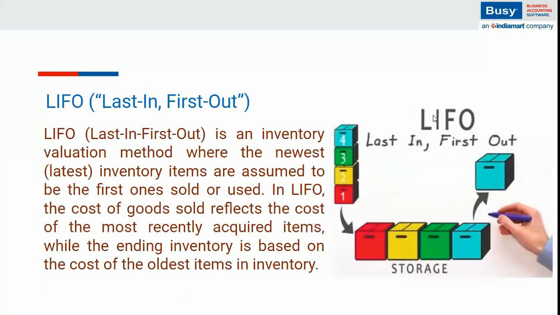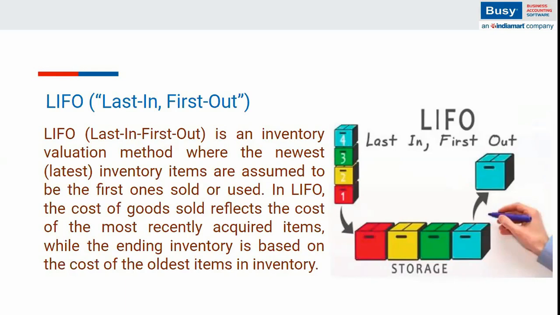LIFO method, last in, first out. That means if you have purchased on 1st April and 2nd April, and you have sold on 3rd April, then in the case of the LIFO method, your previous transaction value will reflect as your remaining quantity stock value.